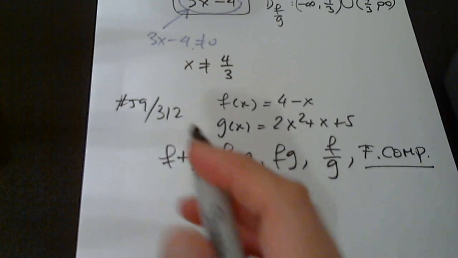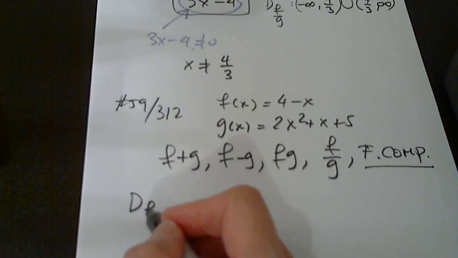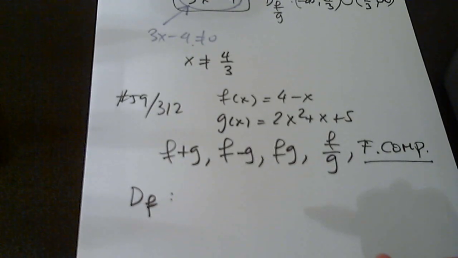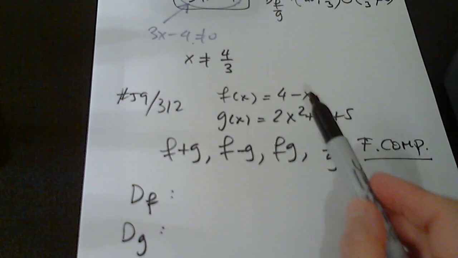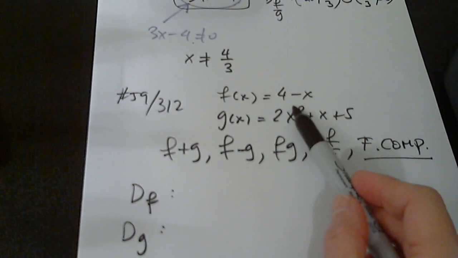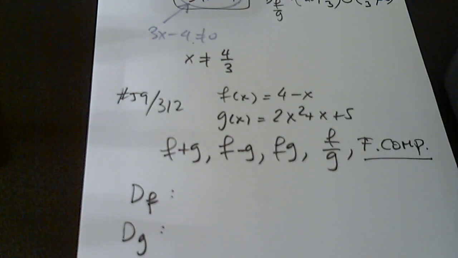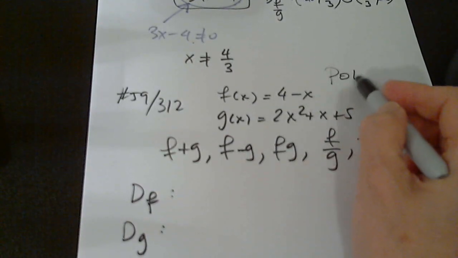Now, can anyone give us the domain of f? Because we need to find the common domain from the beginning. Can anyone give us the domain of g? These are polynomial functions.